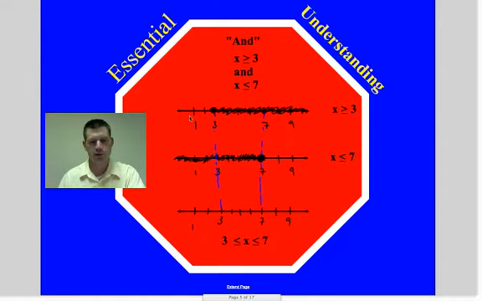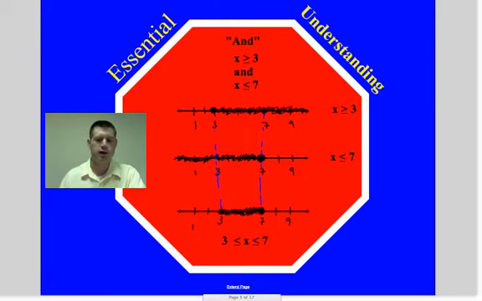On the left, we have values here, but no values there, so there's not that "and." But here in the middle, we have values here and here, so there's that "and" statement. So we want a closed circle on 3, a closed circle on 7, and then we shade in between. That's the overlap. Really, what we're looking for in the "and" statement is where the overlap is.